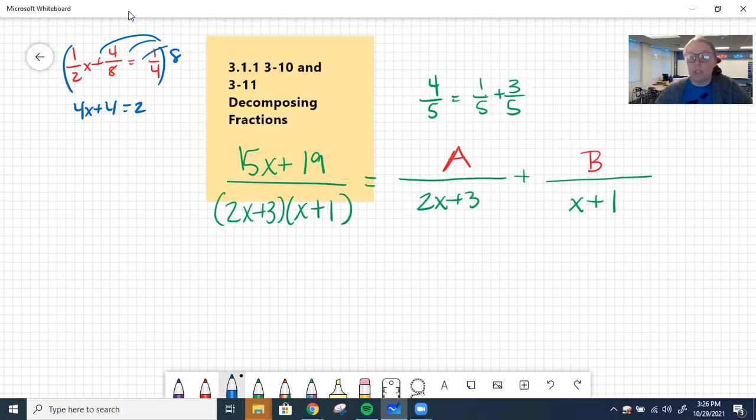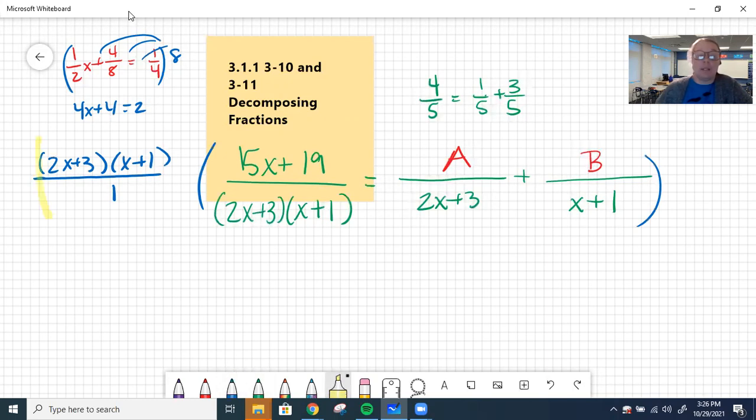I'm going to look at all my fractions and ask, what's the common denominator? It's the denominator that I have there: 2x plus 3 times x plus 1. Put it over 1. Just like here, where I multiplied everything through by that 8, now I have to multiply this whole thing to every single thing.